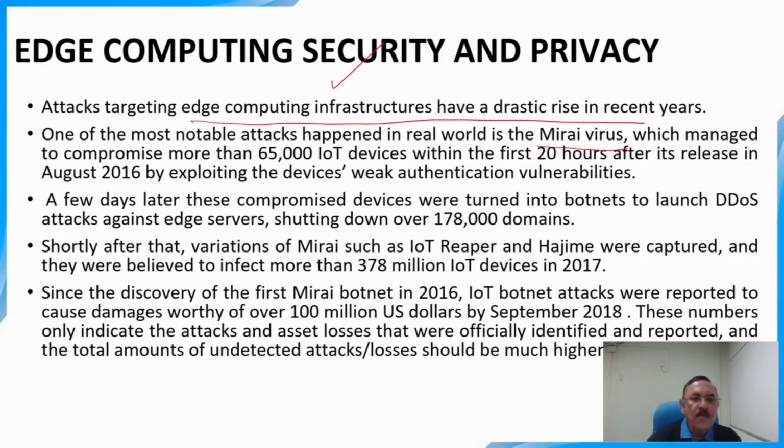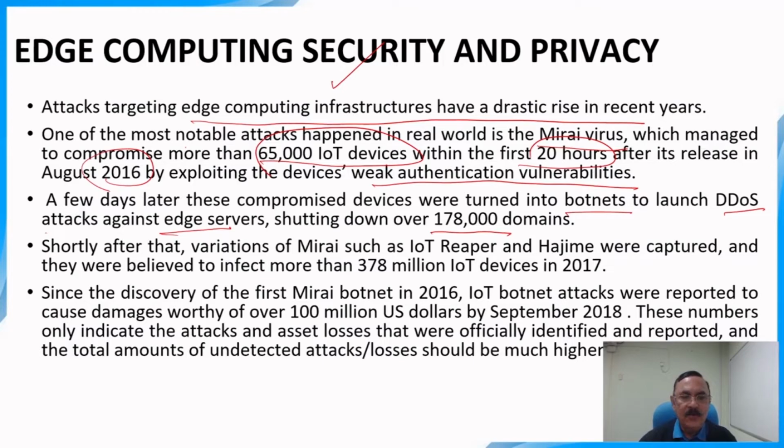It managed to compromise more than 65,000 IoT devices within the first 20 hours after its release in 2016, by exploiting the devices' weak authentication vulnerabilities. A few days later, these compromised devices were turned into botnets to launch a DDoS attack against the edge server, shutting down around 1,78,000 domains.